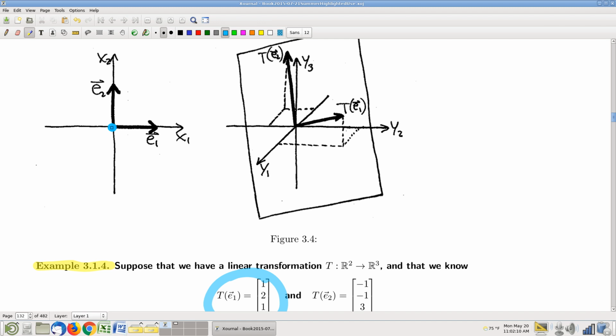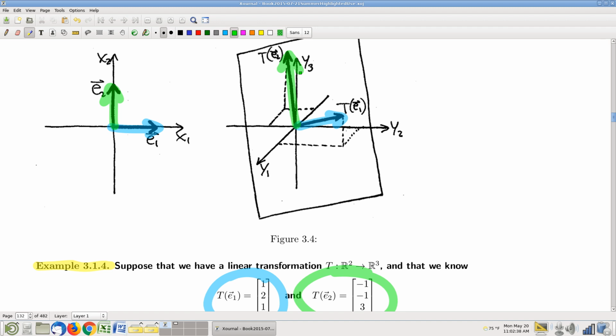So there's E1. There's T of E1. And then also we know that T of E2, there's E2, T of E2 is this thing over here, (-1, -1, 3). Okay, so that's the only information that I'm going to tell you about this linear transformation.